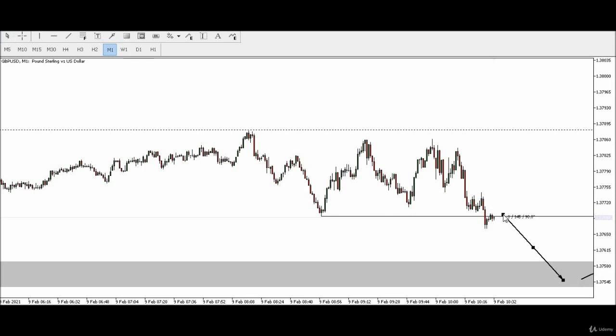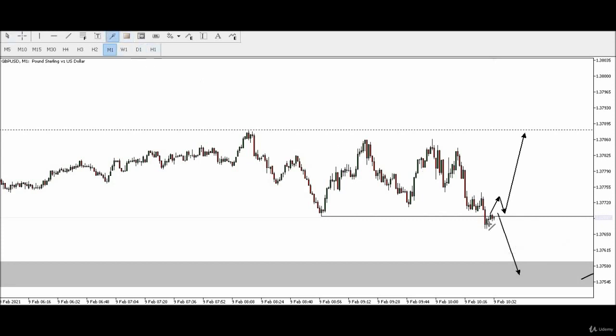So if the price from here retests and rejects here and goes down, or the price goes back, but again there will be always some retest, so wait, be patient.